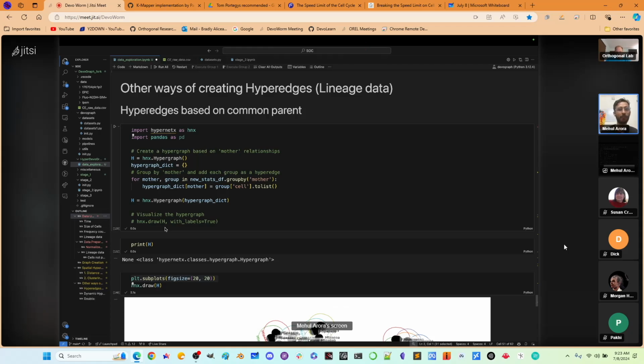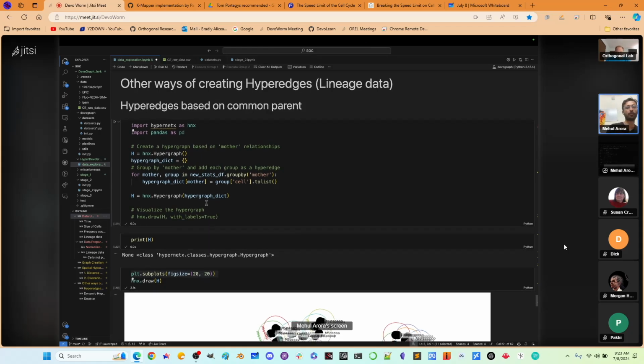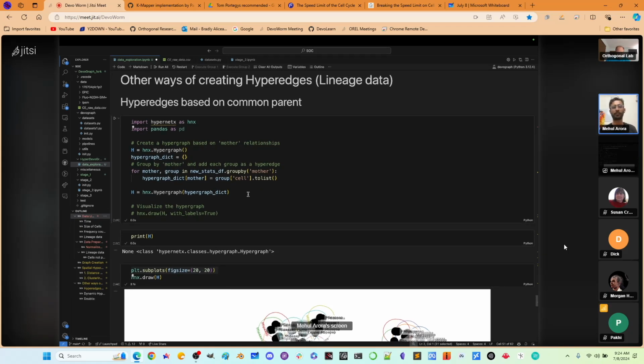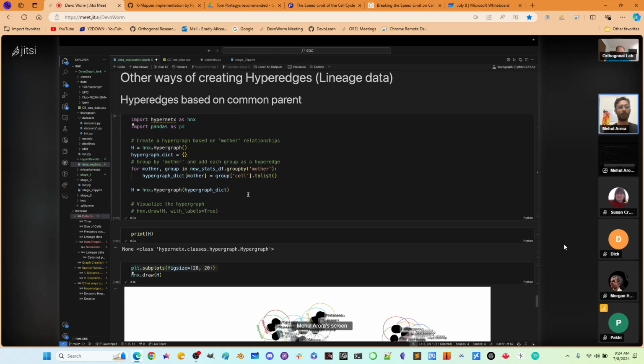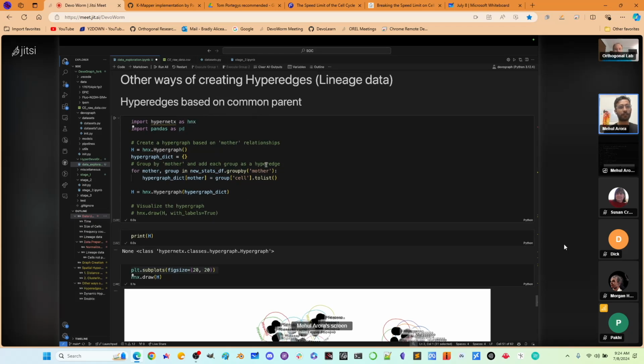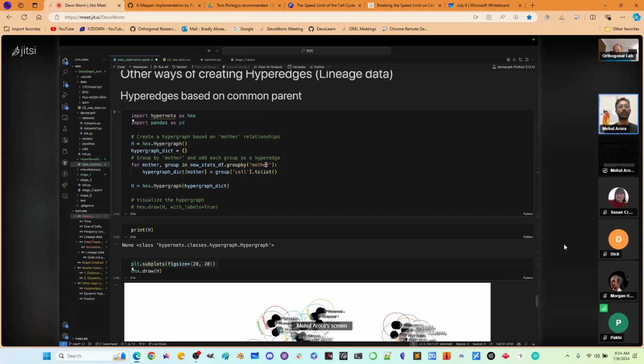Yeah. Now coming to lineage hypergraph. This is not what I planned to do till now. Right now the plan was to do only spatial, but I wanted to discuss it because it's coming up this July. So how do we create lineage data?